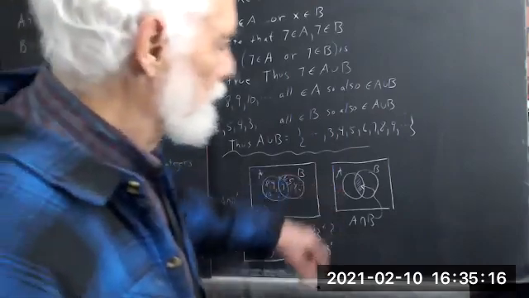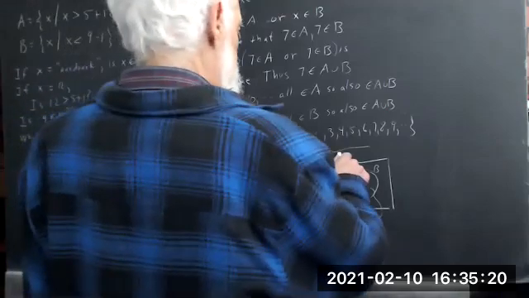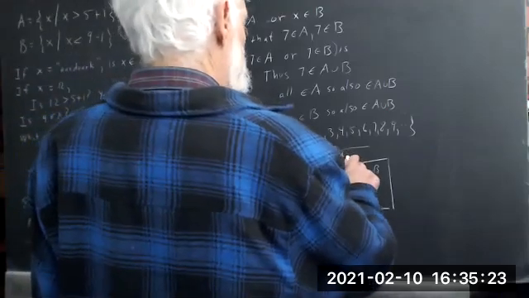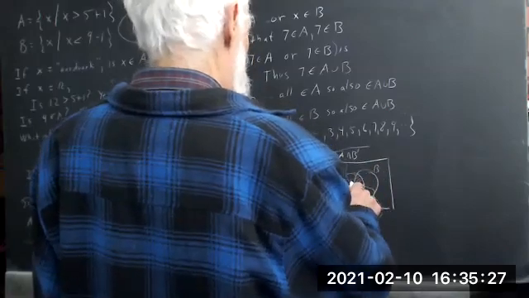Okay, well, if we come back to the Venn diagram then, we can say that here is A intersection B prime.